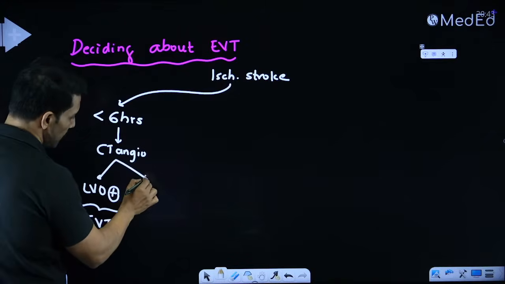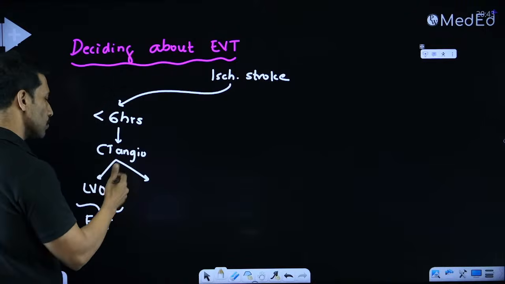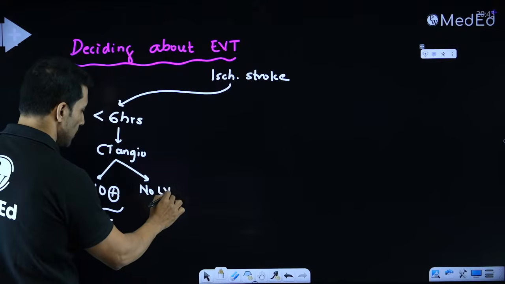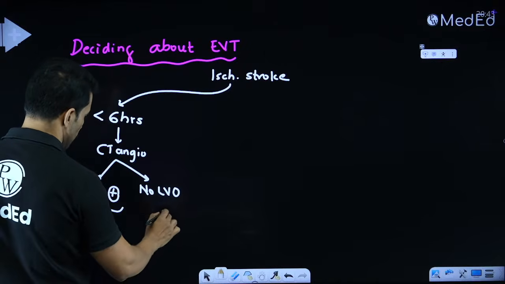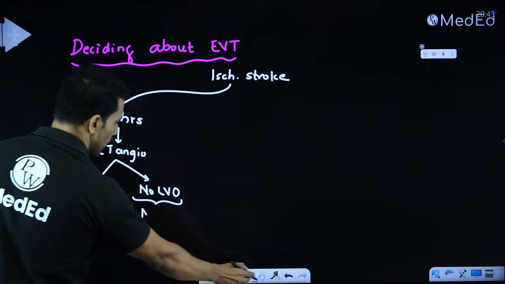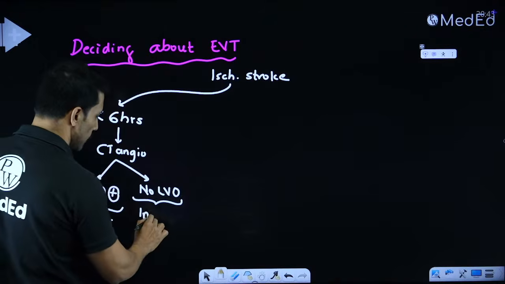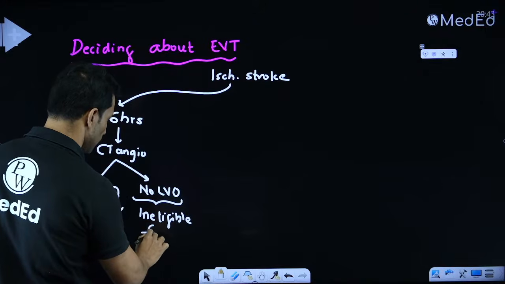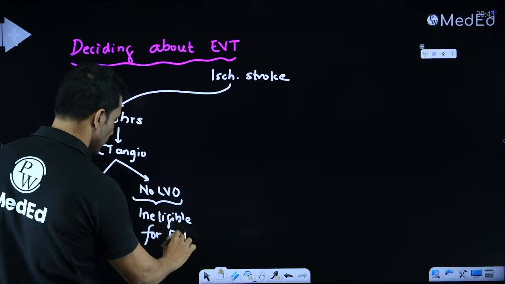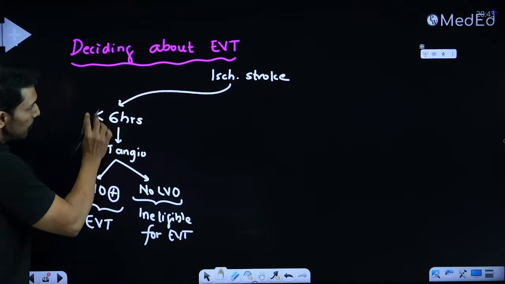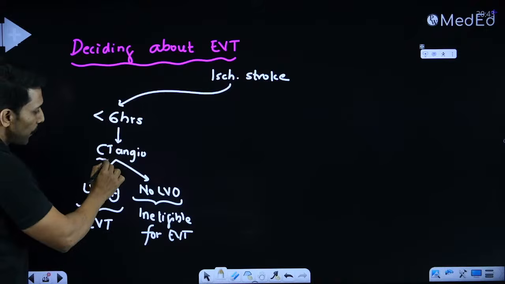Okay, if they are presented within 6 hours, but the CT angio has not shown the presence of large vessel occlusion, there is possibly a small vessel or medium vessel occlusion, then they become ineligible for endovascular thrombectomy. So to decide about EVT, I need to know where the clot is sitting, right?